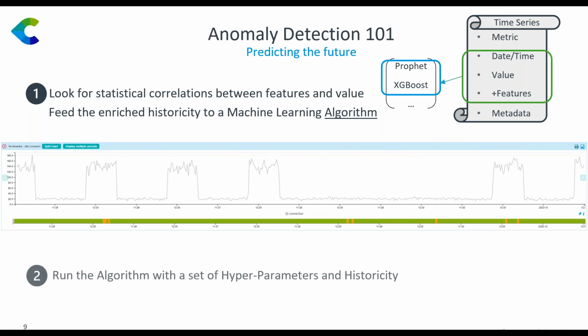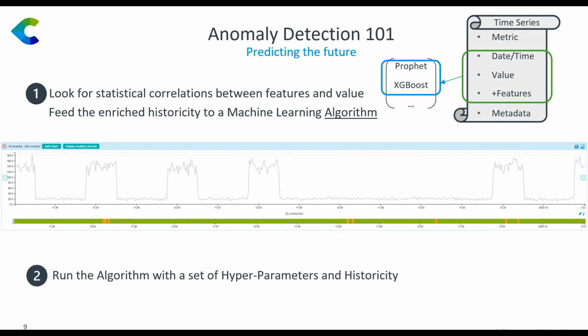So the next step is to run the algorithm with a set of hyperparameters. The hyperparameters are what allows me to define this generic algorithm, to refine it to better suit my use, my need. For instance, the prediction horizon is one example of hyperparameters. Just in layman's terms, the prediction horizon is how far into the future am I looking to predict my events?